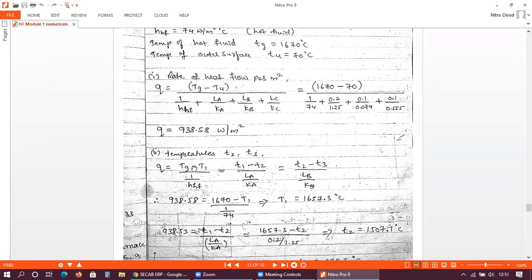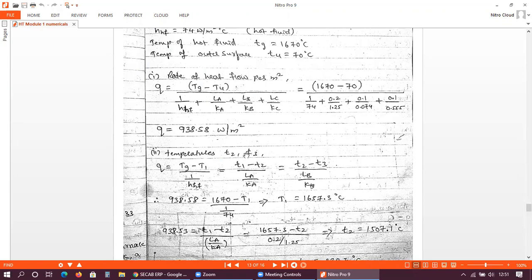Then I will equate the first Q and the second equation, these two: Q is equal to T1 minus T2 divided by LA by K, so that I can calculate T2.